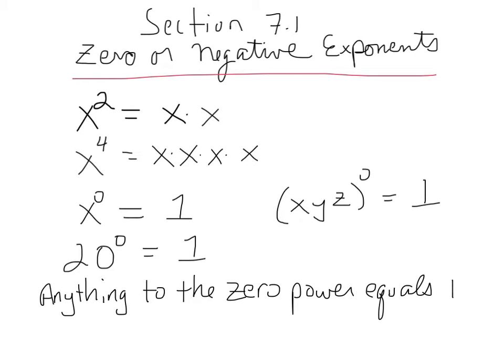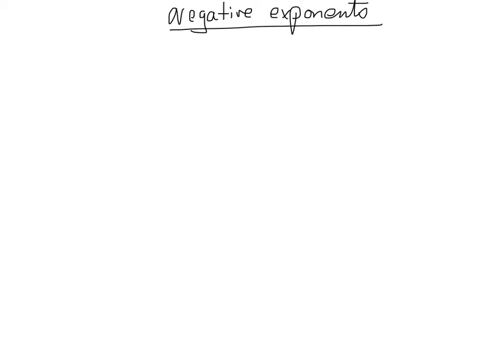Alright, so on the next slide we'll talk about negative exponents. If you have something that is raised to a negative exponent, 4 to the negative second power, what that's telling you to do is take the base 4 and put it in the denominator. So the answer to that would be 1 over 16.